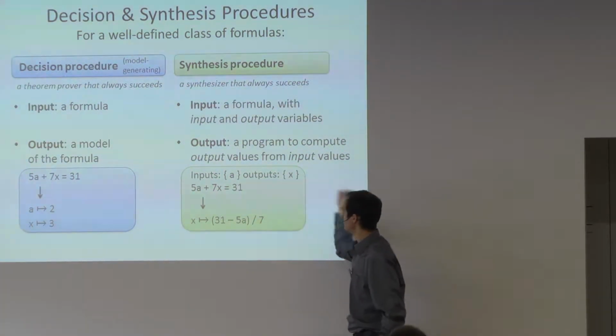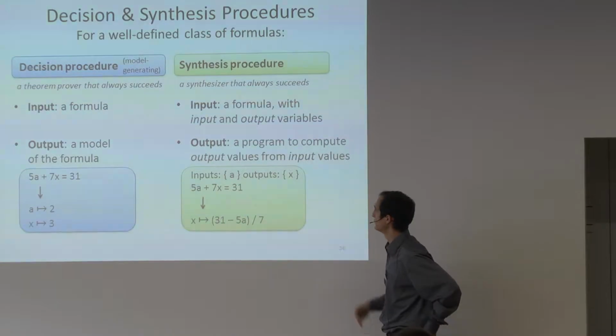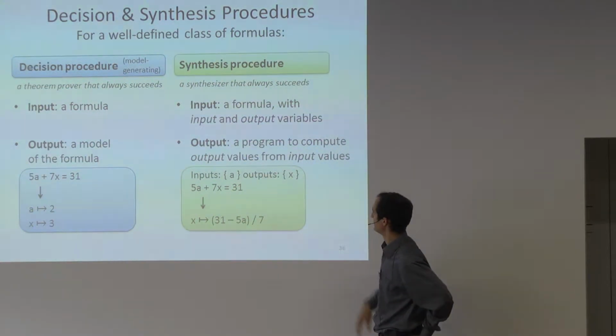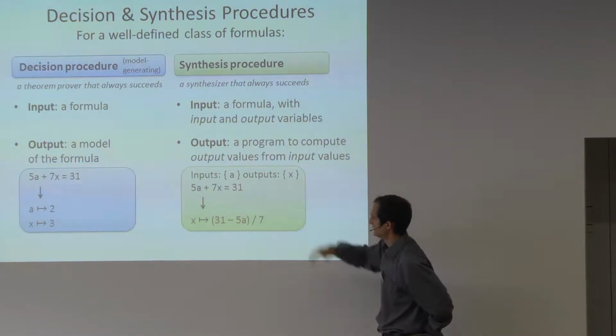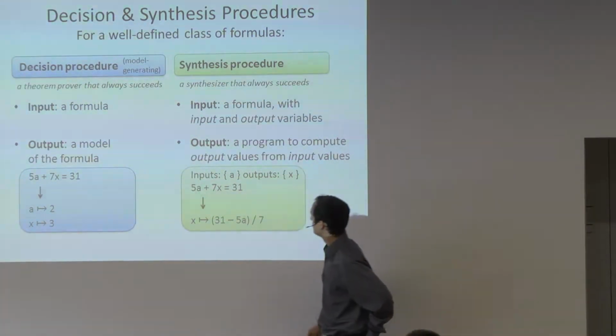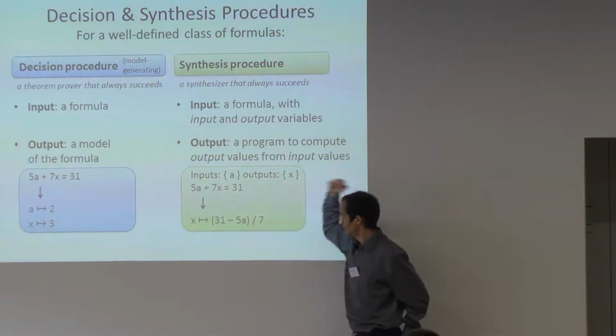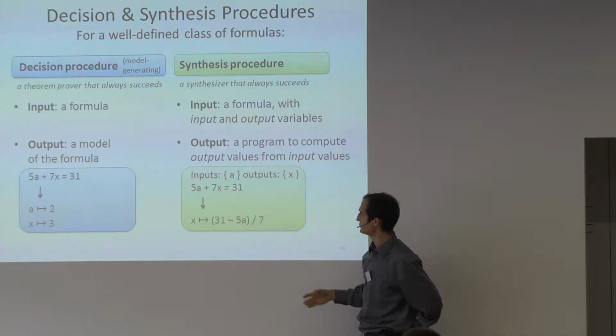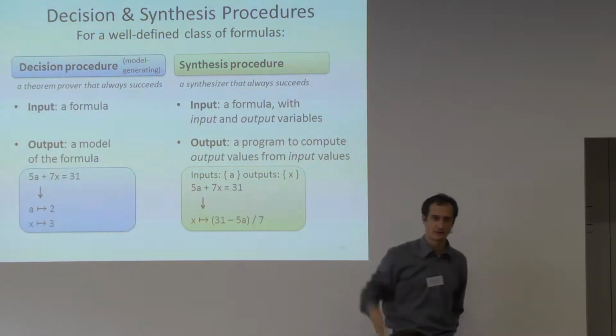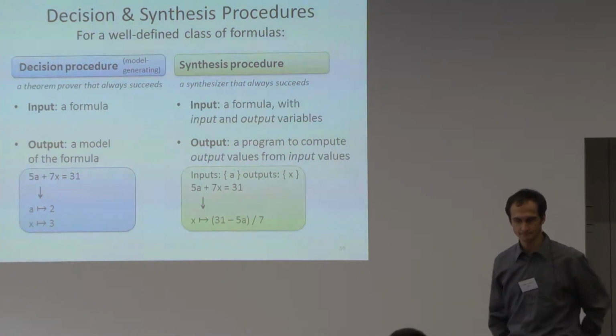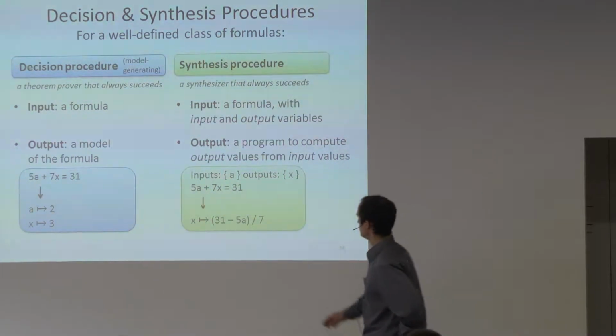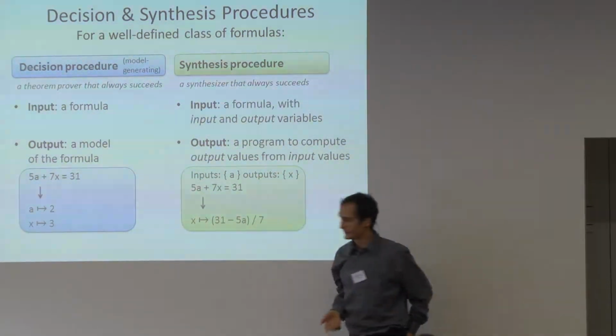We have parameters, and we have what we call outputs. Now, outputs have a similar status as the variables here. Whereas the inputs, or parameters, are fixed, and you're supposed to express the outputs as a generic function in terms of inputs. Okay, so the output is a program that computes the outputs given the inputs.